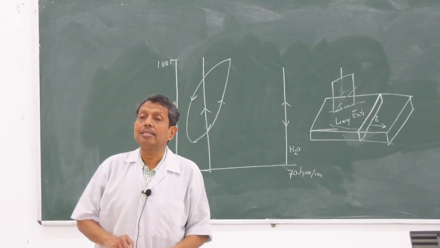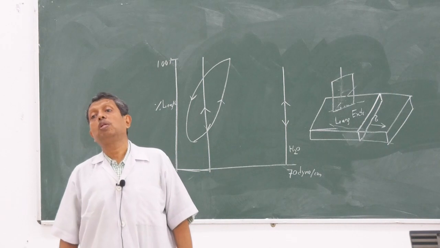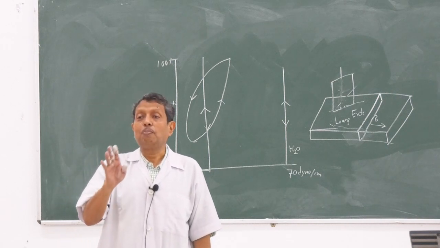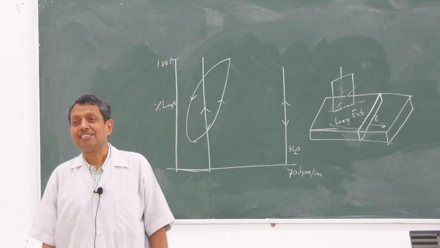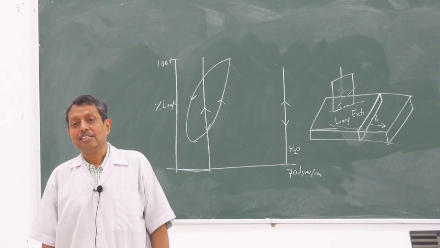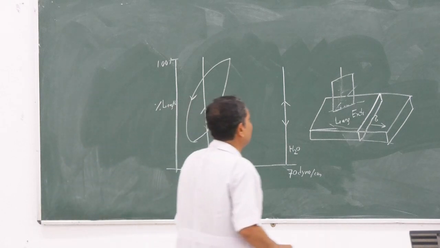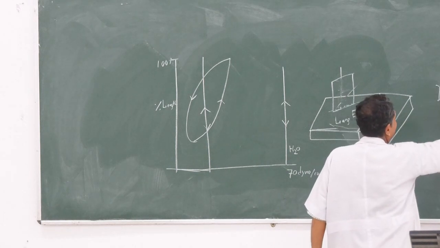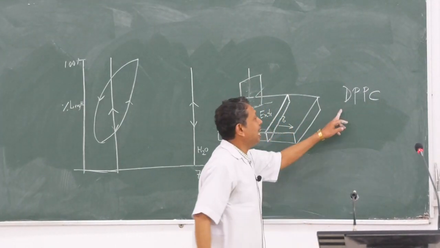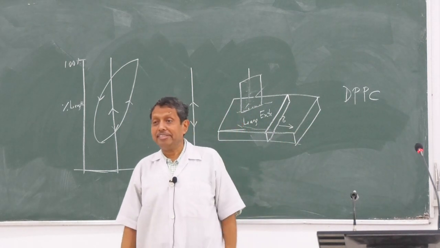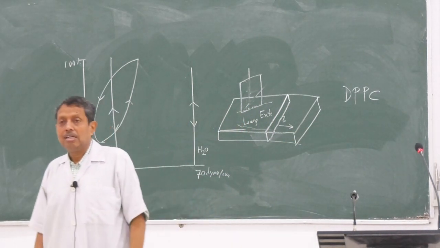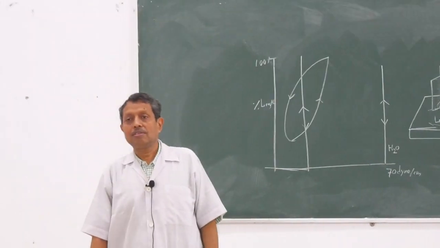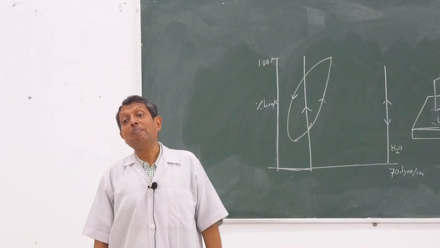Now, the surfactant, the principal chemical is a phospholipid, dipalmitoyl phosphatidylcholine, DPPC. At the 1 and 2 positions of the glycerol, there is palmitic acid.